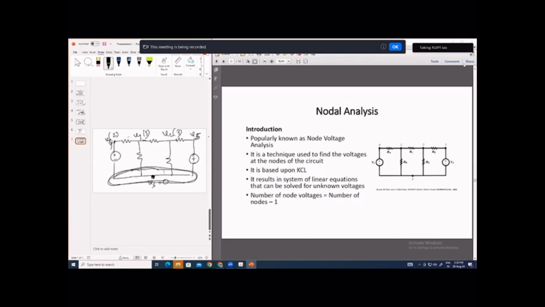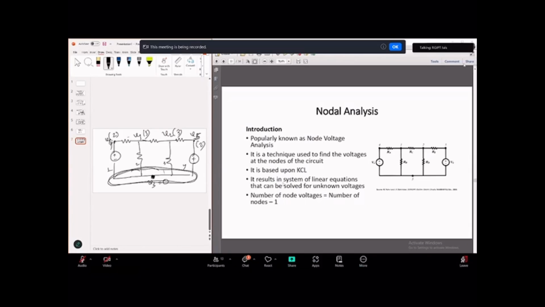How many branches will be connected to the fifth node? One branch, second branch. So 2 branches. And what about the third node? Branch 1, branch 2, branch 3, branch 4. So 4 branches are connected to the third node. We are considering this third node to be the reference node, to reduce the number of terms that you have to consider. Is it clear?